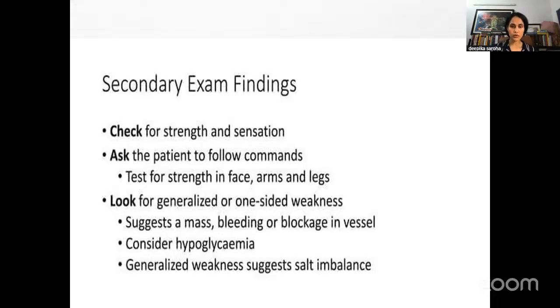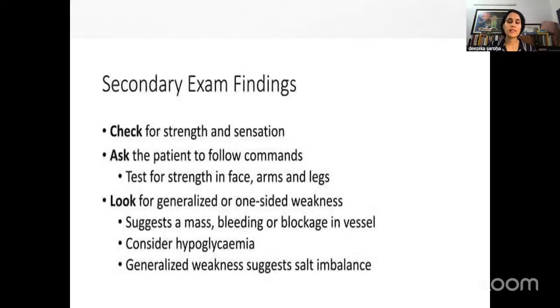Somehow we always check arms and legs in these patients and forget to check the pupillary reactions, the gaze and face strength, because it is an important part of the NIHSS score, which is done for patients who come to you with stroke. So always check facial strength also and compare it with the opposite half of the body.